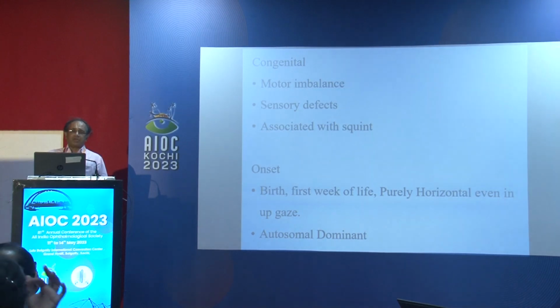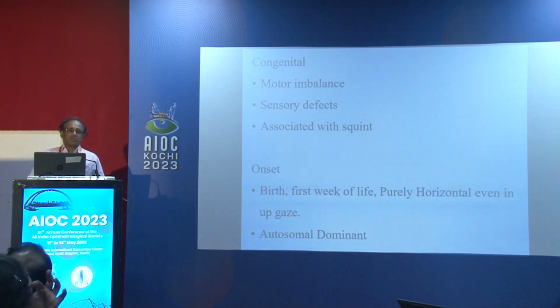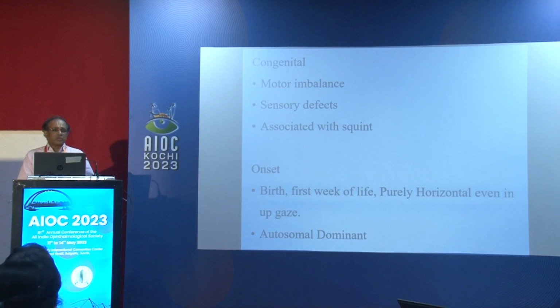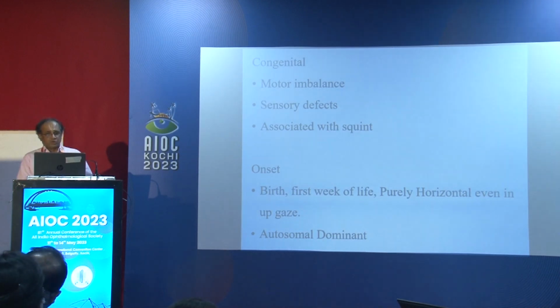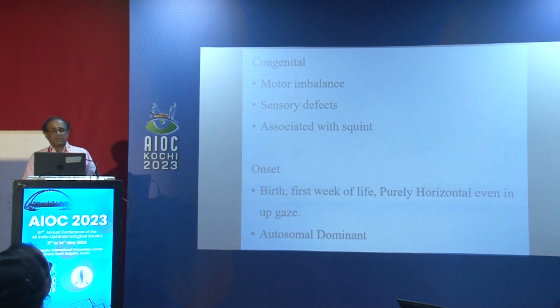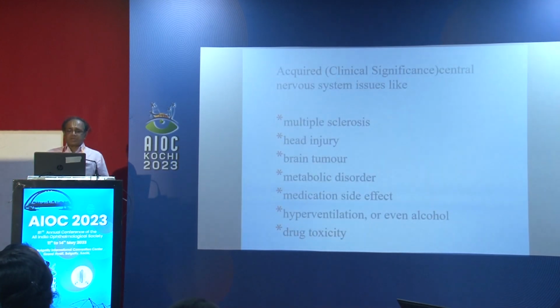Null point is where there is a minimal amount of nystagmoid movements. So congenital nystagmus can be because of sensory defects, as I already mentioned, and it can be associated with squint. Usually these are congenital, from birth, and sometimes an autosomal dominant inheritance pattern can be seen in these patients.